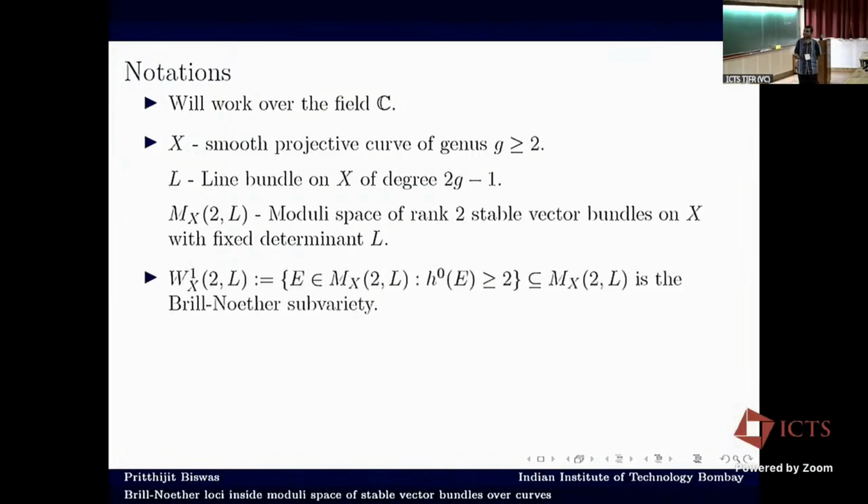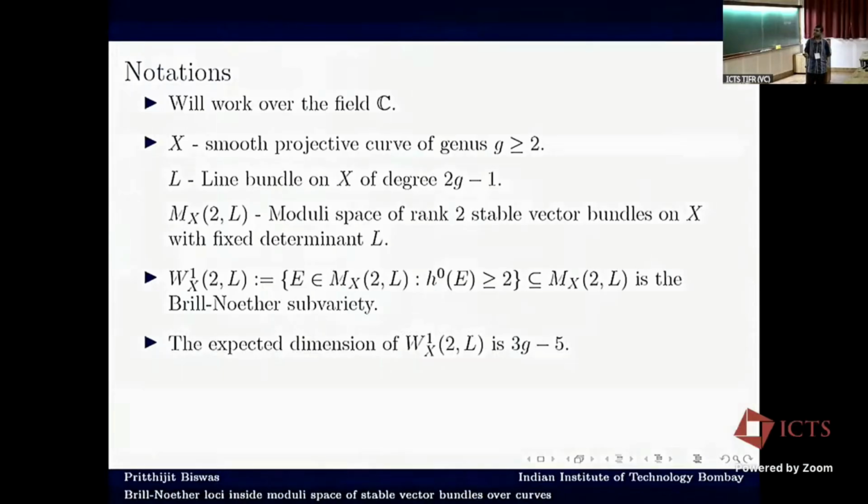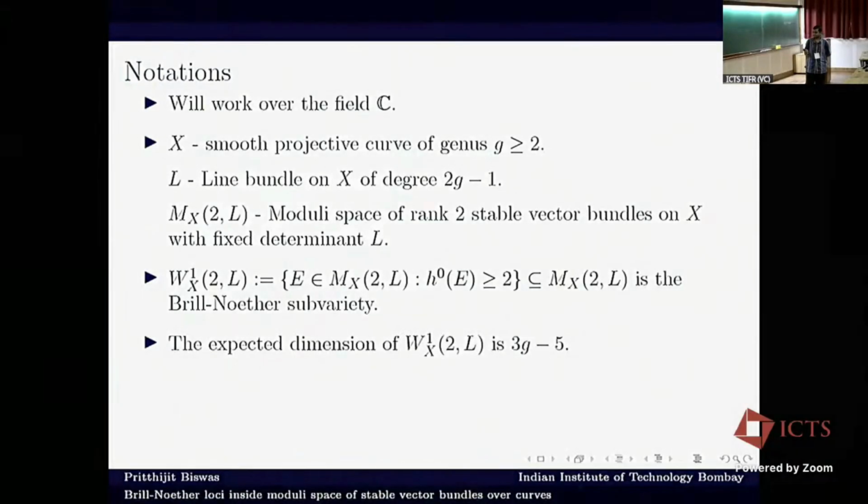The main object of study in this talk is this subvariety inside the moduli space, where we look at all those bundles which have at least 2 linearly independent global sections. They are called the Brill-Noether subvariety. They are known to be of dimension at least 3g minus 5 when the degree is 2g minus 1.